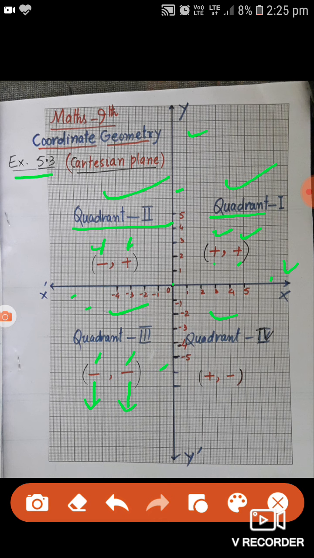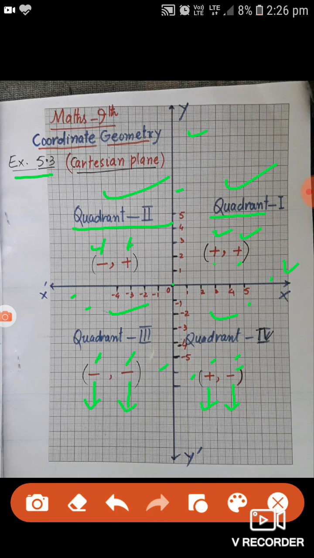And in the fourth quadrant we have the positive x-axis and negative y-axis. So every point in this quadrant will be of the form positive negative, that is, abscissa positive and ordinate negative. In this way we can predict whether a point will lie in the first, second, third or fourth quadrant of the Cartesian plane.